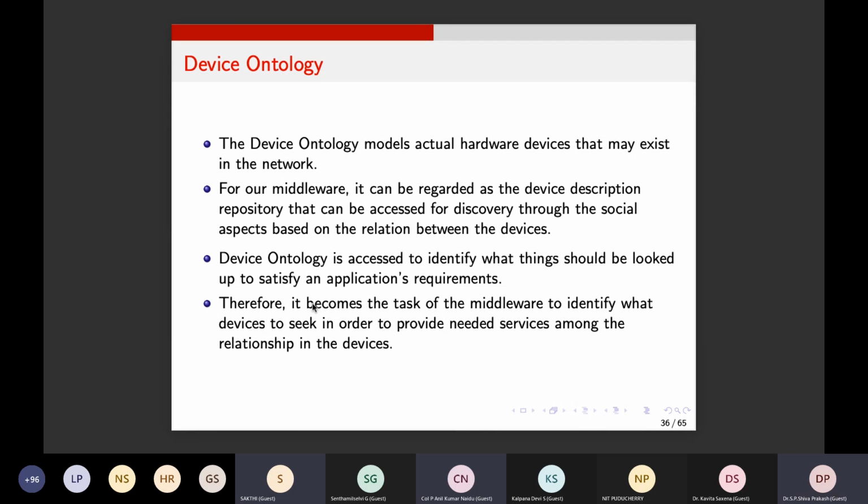In the middleware we perform service discovery and service composition. To find which particular device is providing a service, the device ontology will help us. The device ontology is accessed to identify what things should be looked up to satisfy an application's requirement.